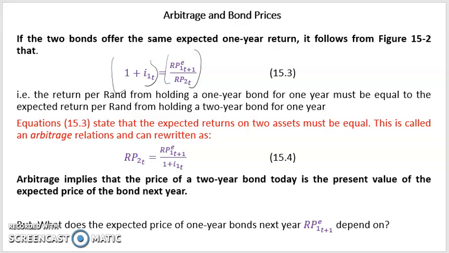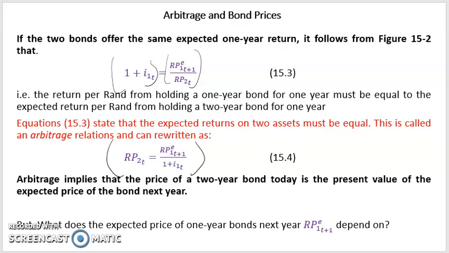Equation 15.3 states that the expected returns on 2 assets must be equal, and this is called the arbitrage relation. It can be rewritten as: arbitrage implies that the price of a 2-year bond today is the present value of the expected price of the bond next year, which is shown by equation 15.4.